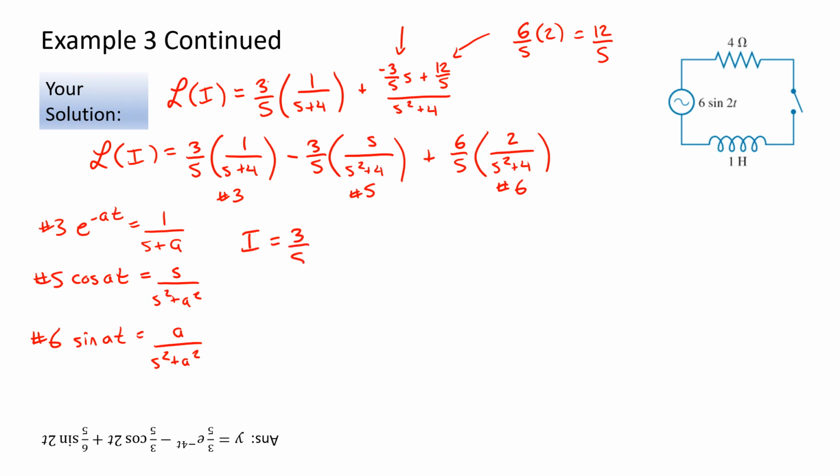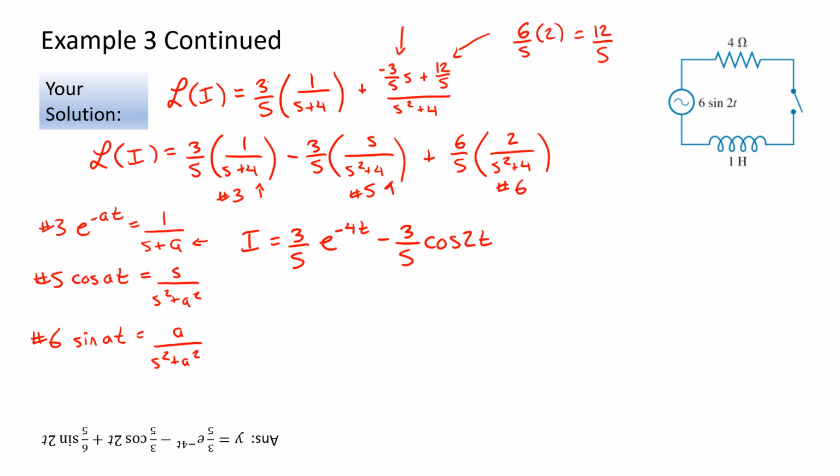That's equal to 3 over 5 times the inverse Laplace transform of this term, 1 over s plus 4, which you remember is e to the negative 4t, because in this instance, a is 4, minus 3 over 5, and for the second one, it was cosine of at. Again, in this instance, a was 2, remember?